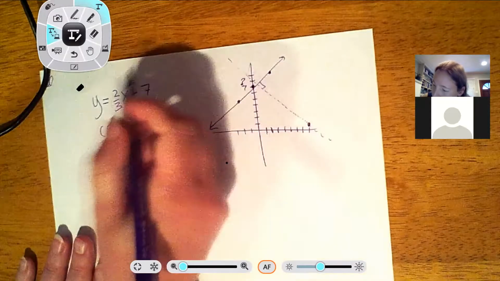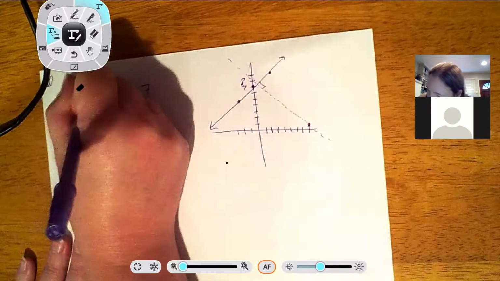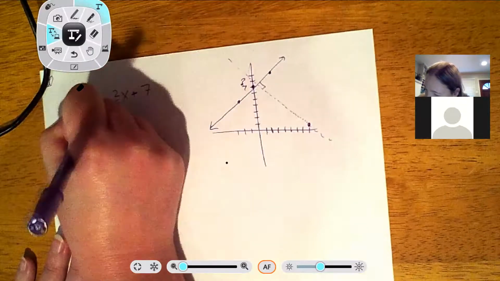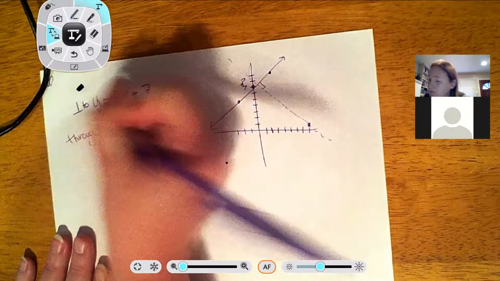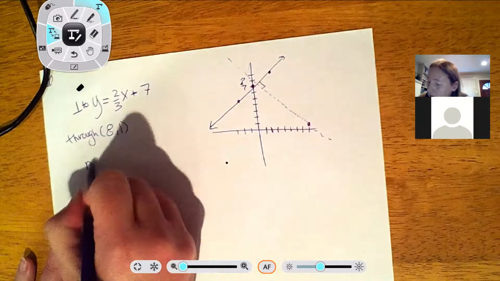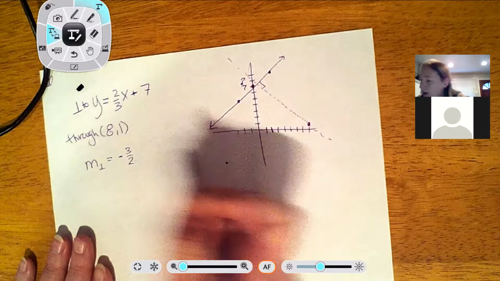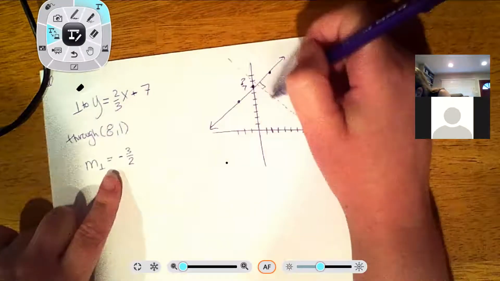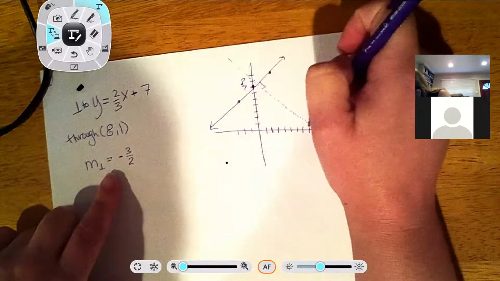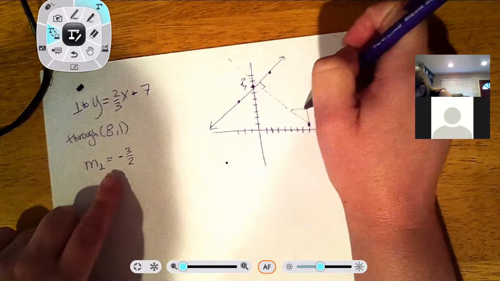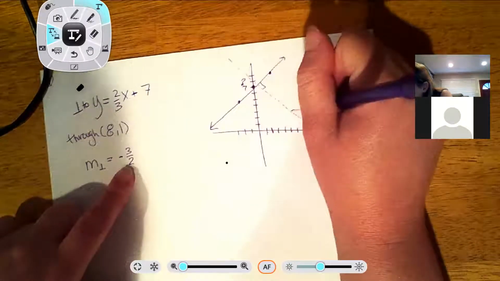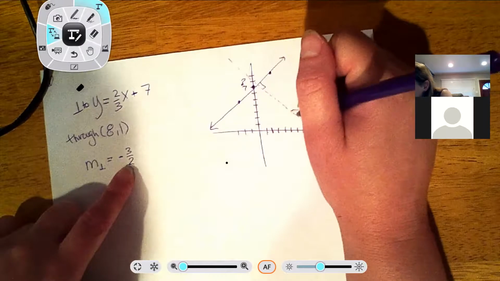So we want to do perpendicular to this through that point. The slope for the perpendicular would be the opposite reciprocal. And looking at this, you can see maybe that the slope is down 3, right 2.